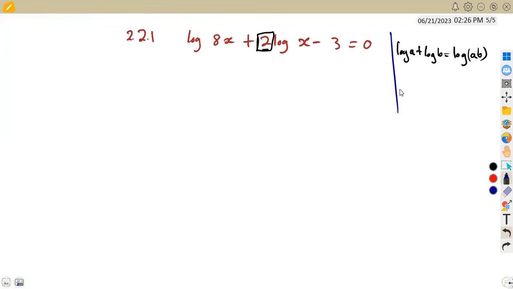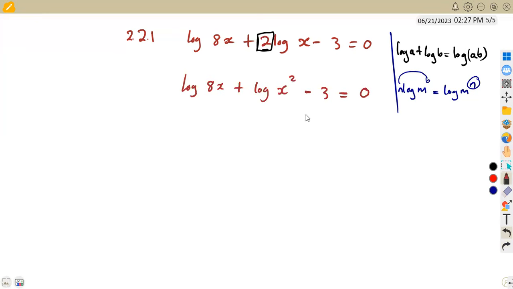Remember, from our laws, if a number is multiplying a log, we can raise that number to be the exponent of that logarithm. That's log m to the exponent of n. So we're going to raise these 2 to be the exponent. That means we have the logarithm of 8x plus the logarithm of x to the exponent of 2, minus 3, which is equal to 0. Now, if we check properly, we've got a single log and a single log having the base of 10.